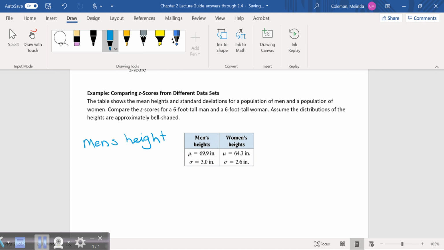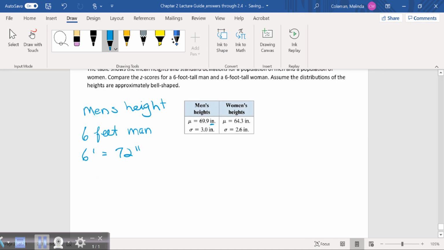So I want to know then where a 6-foot-tall man falls. How many standard deviations is the 6-foot-tall person from the mean? Well, in order to do that, because we're in inches, we do need to convert 6 feet to inches. So 6 feet is equal to 72 inches. 6 times 12.